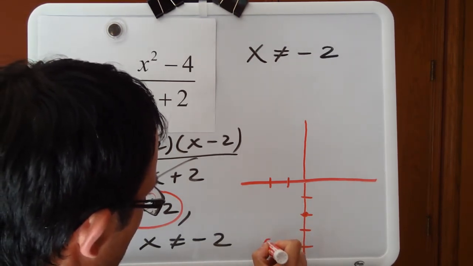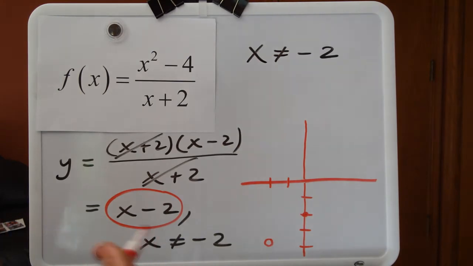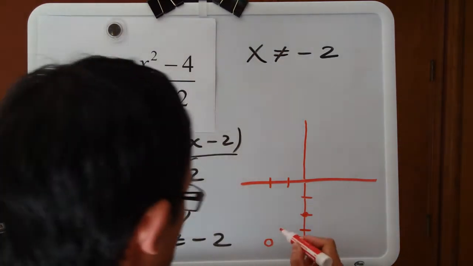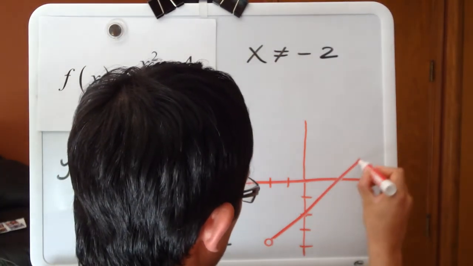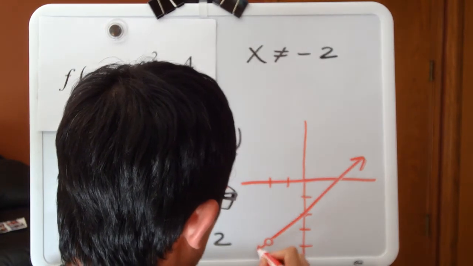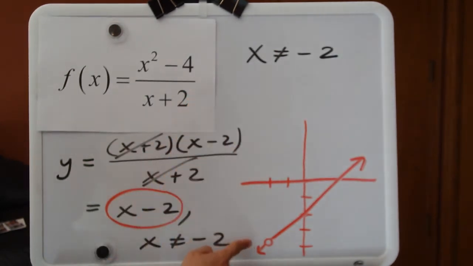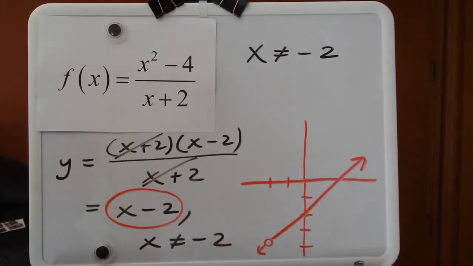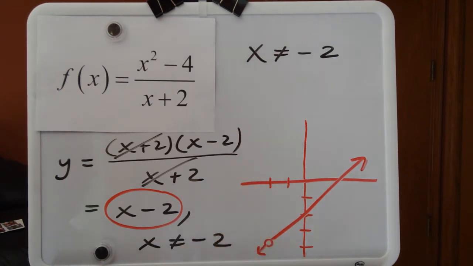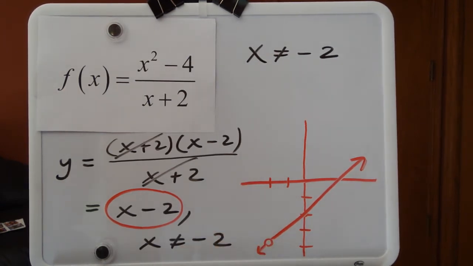So we'll have a hole in the graph right here, but otherwise it's going to look like y equals x minus 2, and continue onward in this way. So this function definitely has a discontinuity at this point, when x is equal to -2. In fact, it has a hole at -2, -4, but it does have a limit there.